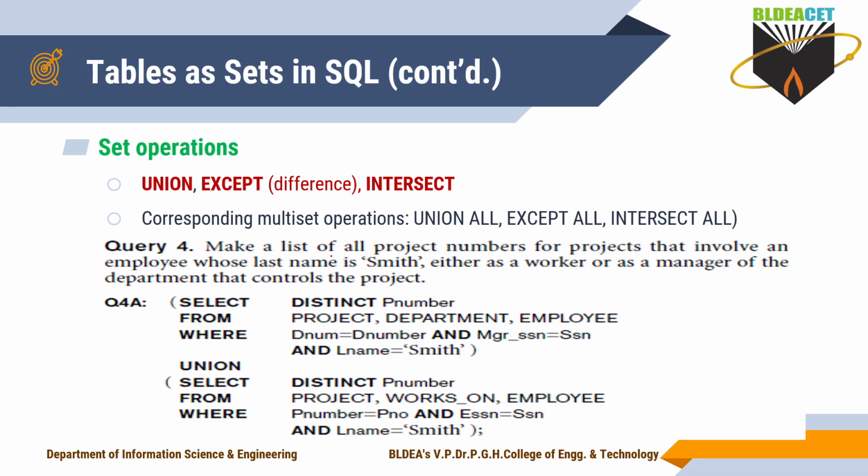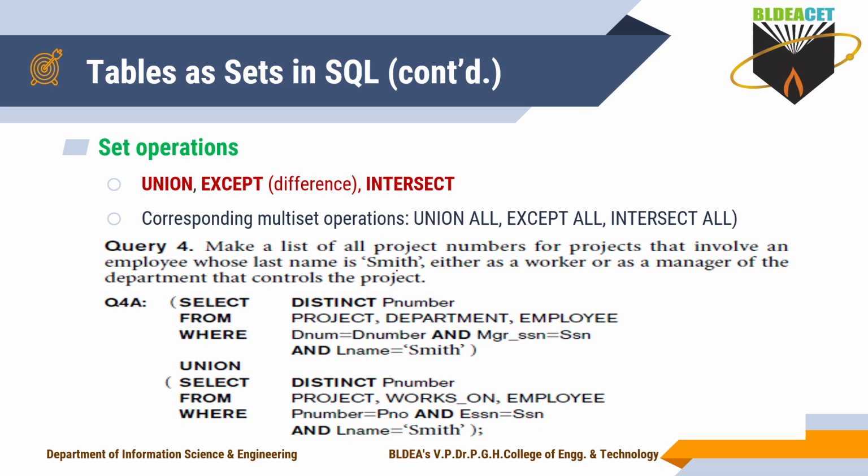Here is one example. Make a list of all project numbers for projects that involve an employee whose last name is Smith, either as a worker or as a manager of the department that controls the project. So this query requirement is that you want to retrieve the project numbers where Smith works.